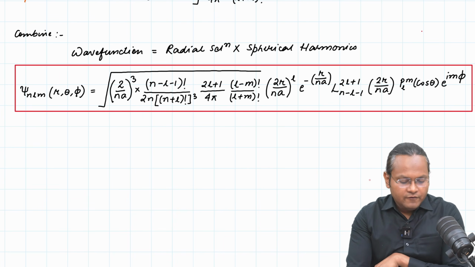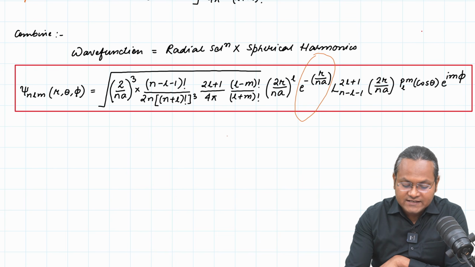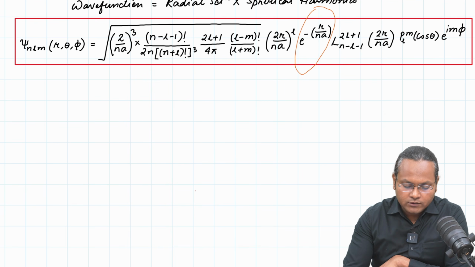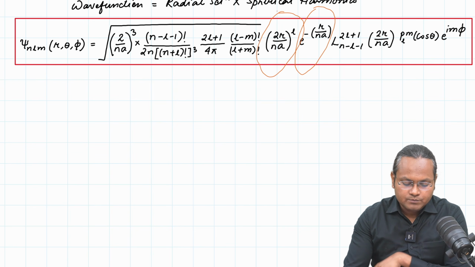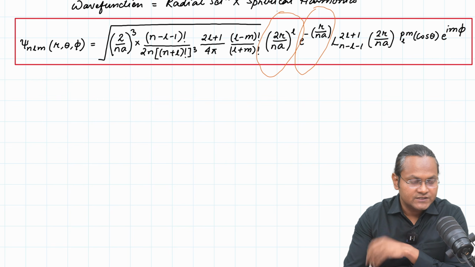If you look at the different functions involved here, this exponential decay ensures normalizability as we go along the radial direction. The function r to the power L suppresses the wave function solution as we go towards the origin, towards the nucleus.